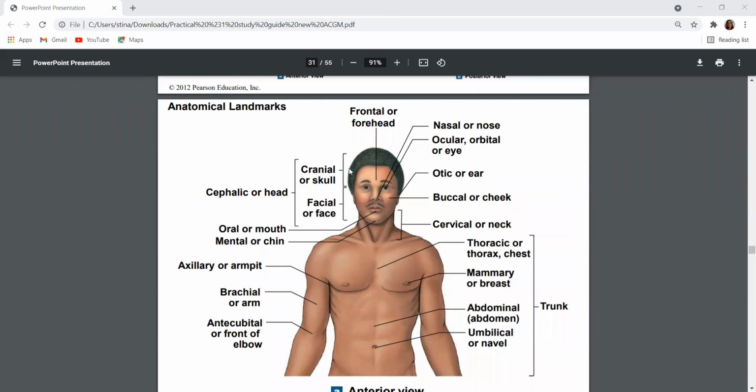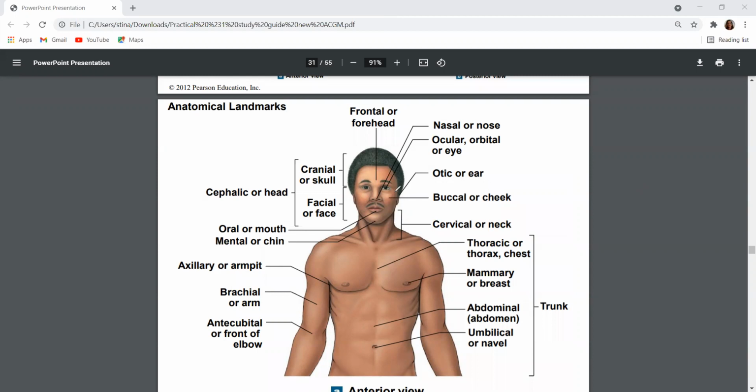Okay, the next one: within cephalic, you have 2 different large landmarks. You have the cranial. The cranial means the skull or the hard part of the bones. And then you have facial, which is your face. Going on from that, within the face and the cranial, you have the forehead here, which is called the frontal. You have the eye, which is called the ocular or the orbital.